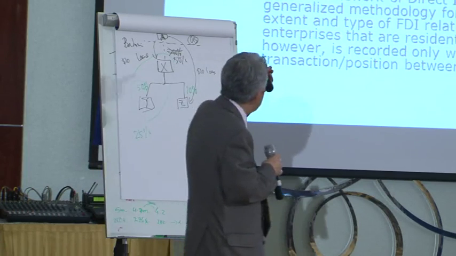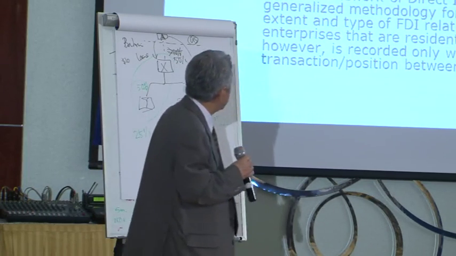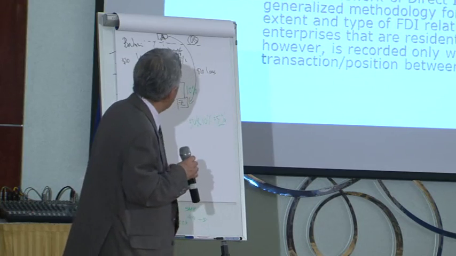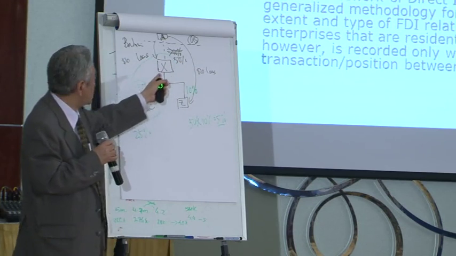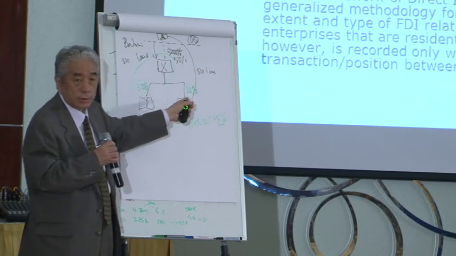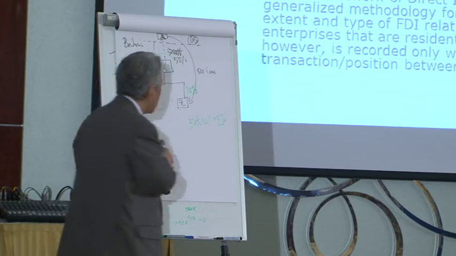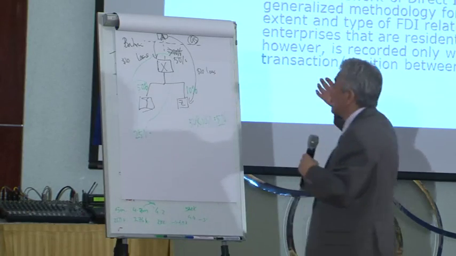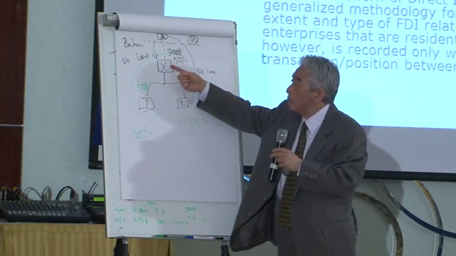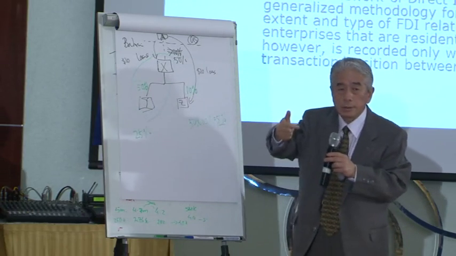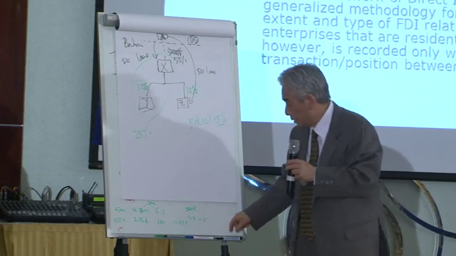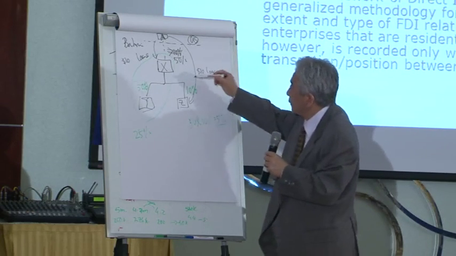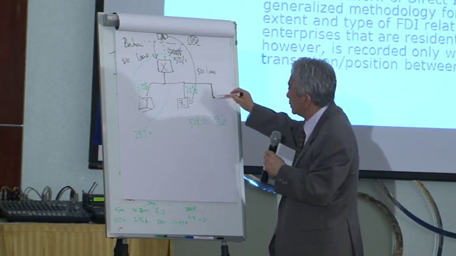The other case is the EU method. The EU method looks at voting shares. As long as the immediate owner has more than 50%, it should be included. Let's consider another case, maybe company B here.